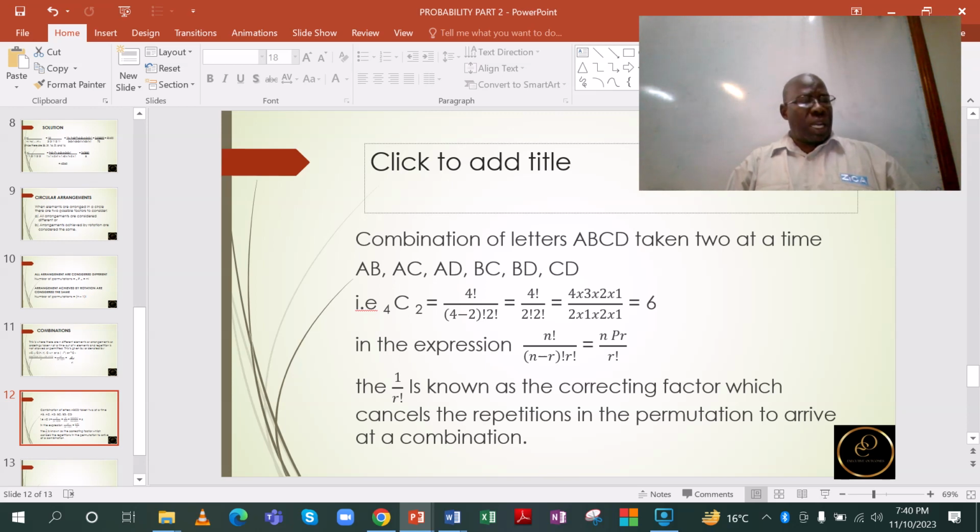That agrees with what we have given here: AB 1, AC 2, AD 3, BC 4, BD 5, CD 6. These are the arrangements under combination. I've already mentioned this 1 over r factorial as a correction factor, which cancels the repetition in the permutation to arrive at a combination.